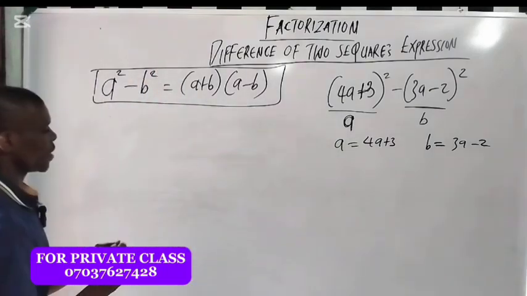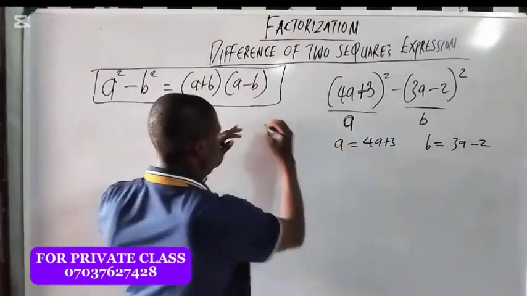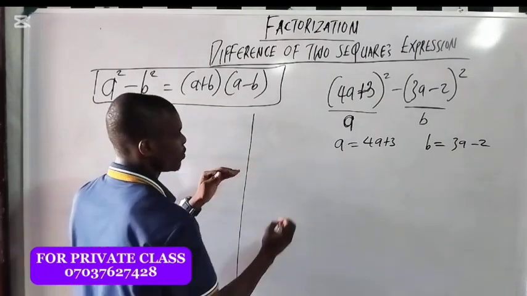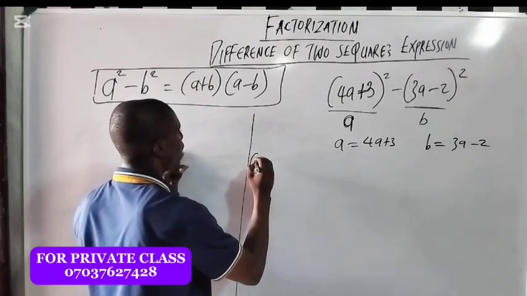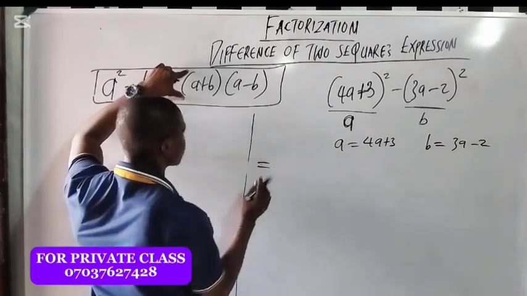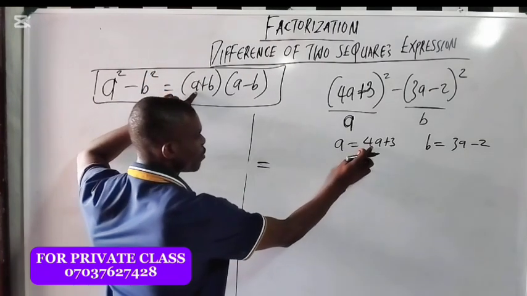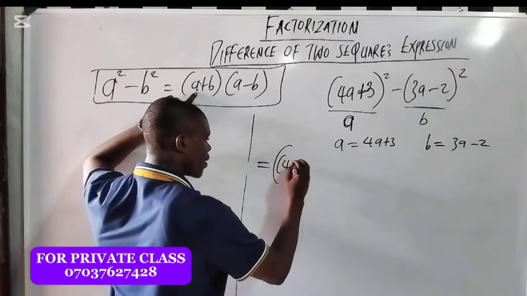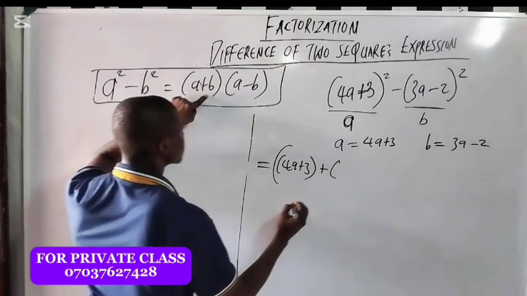So I want to use this formula. Let us break it down. The expression is now going to be equal to (a plus b)(a minus b), where my a is 4a plus 3, so we have (4a plus 3) plus b.